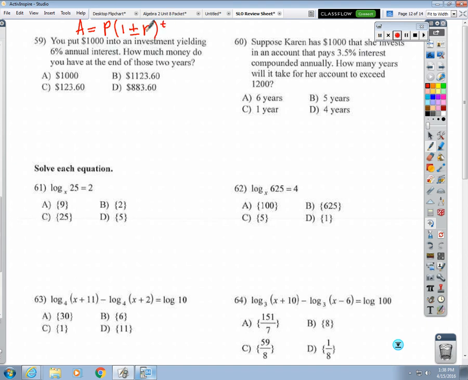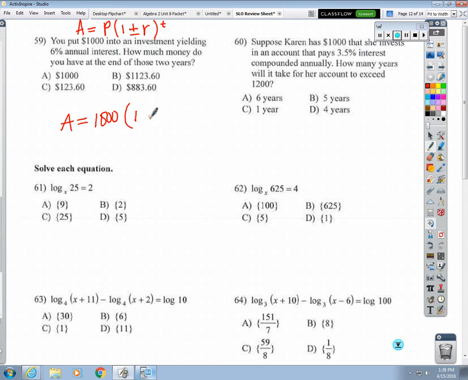R stands for rate, T stands for time. 1 represents 100%, because don't you always have 100% of what you started with, and then plus or minus whatever you're gaining or losing? So A equals what goes in the P? That's what you started with. Now, we're writing 1, and that 1 represents 100% of the 1,000.